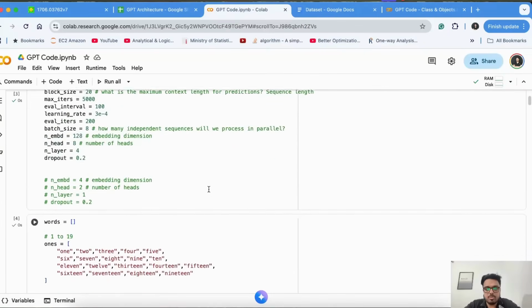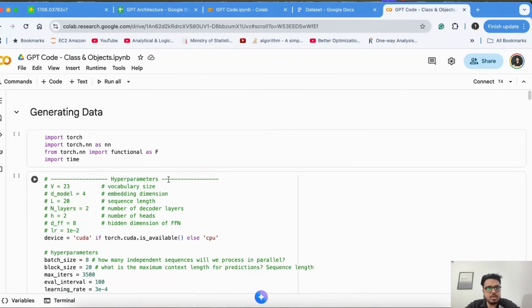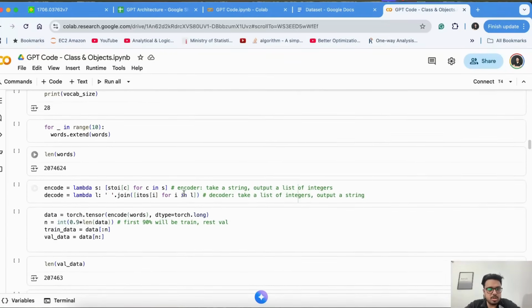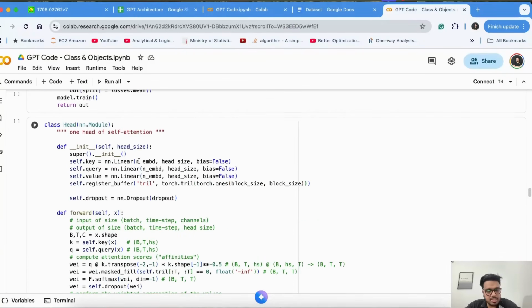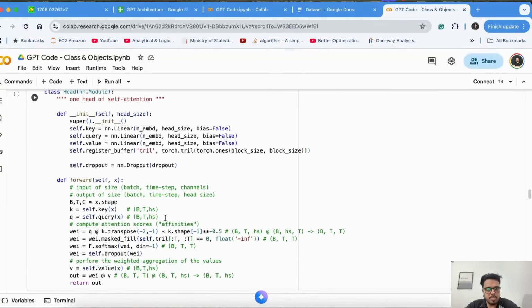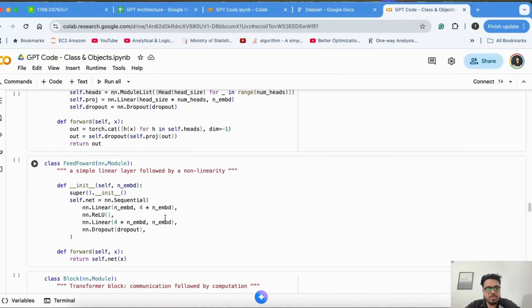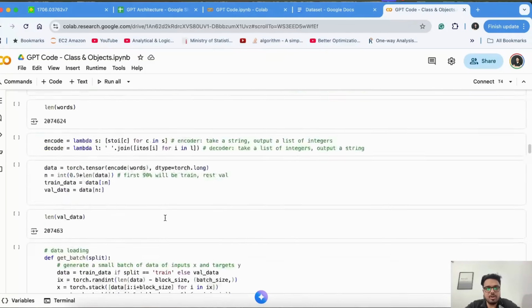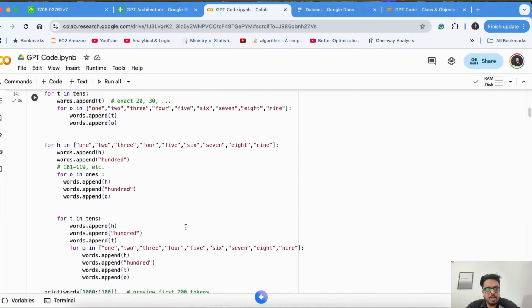Now, I have also created a parallel Google Colab notebook in which the code is more modular, and we have used classes and objects to make the code a bit more modular, and the models can also be saved and used for later use cases. So I'll be sharing the link of both the Google Colab notebooks. Feel free to go through them and try it on your own and see if it makes sense.